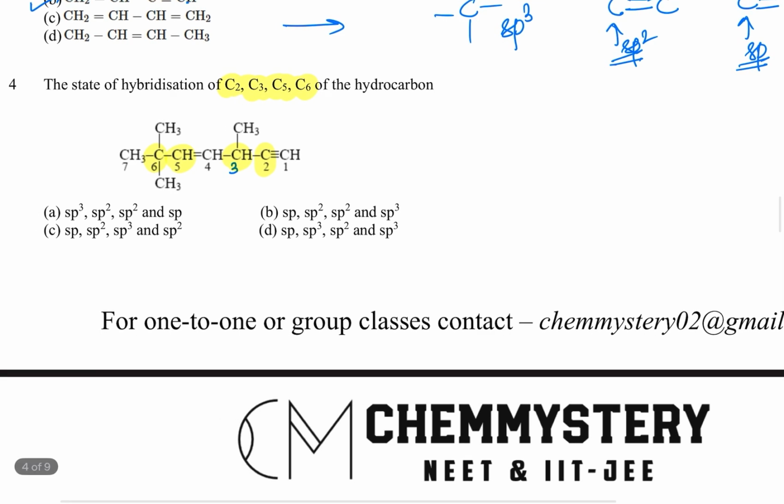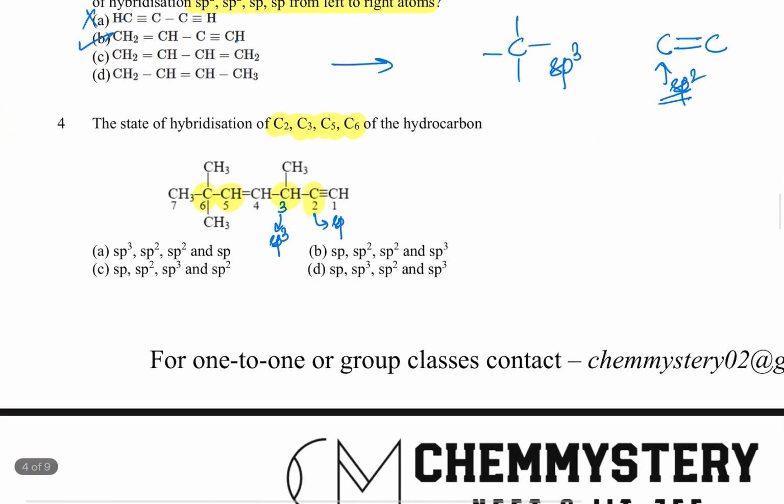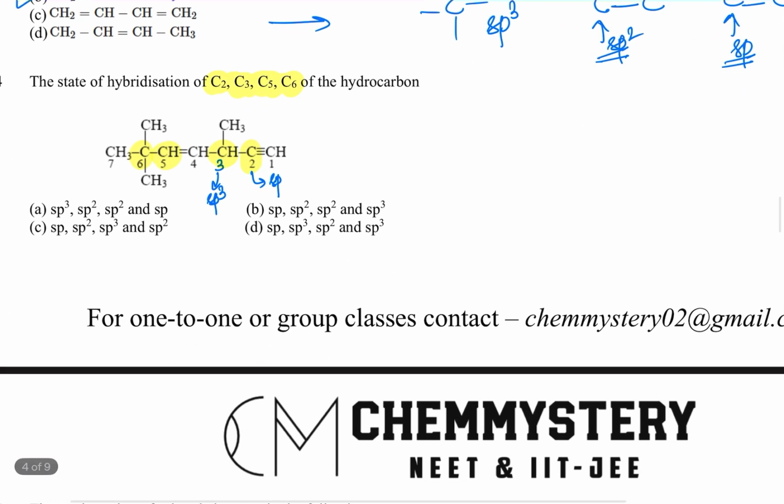Now what is the state of hybridization? If I see C2, a triple bond is present. So whenever it is a triple bond, sp hybridized. Third one, all the bonds are single bonds, so sp3 hybridized. Same concept as in the last question has to be applied. C5, double bond is present, so sp2.